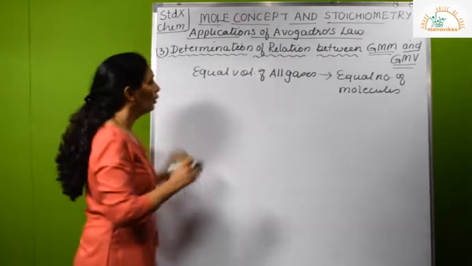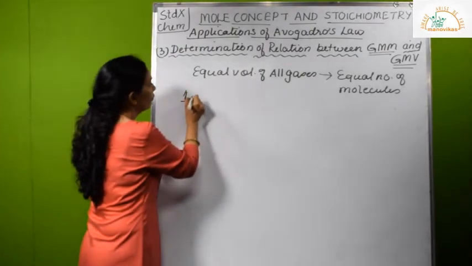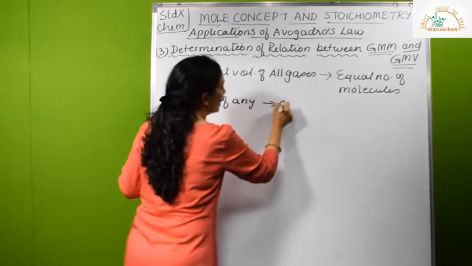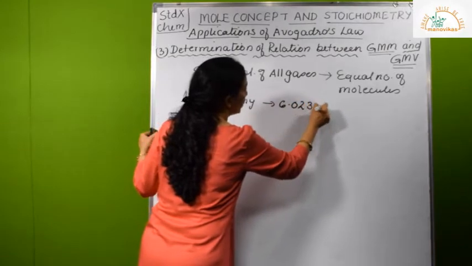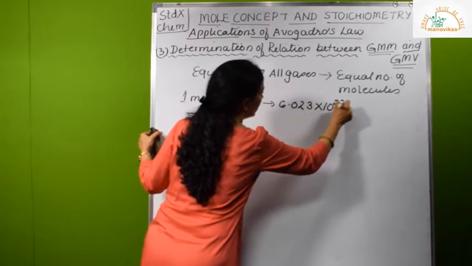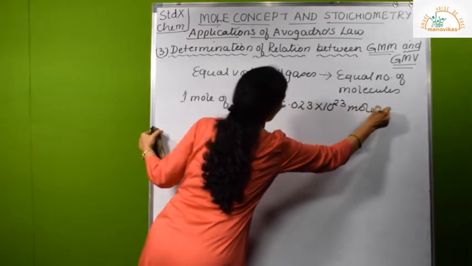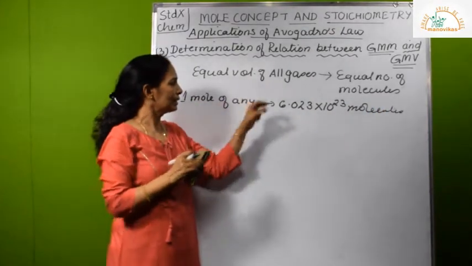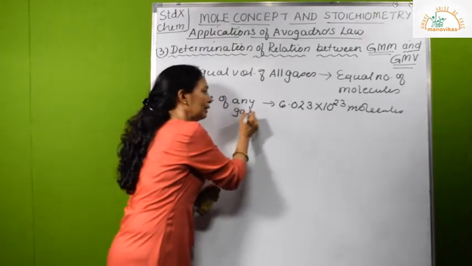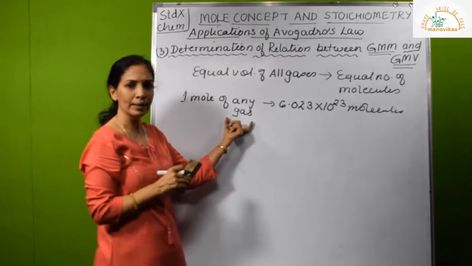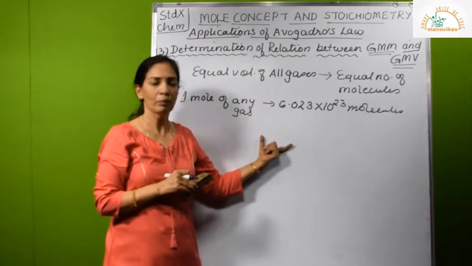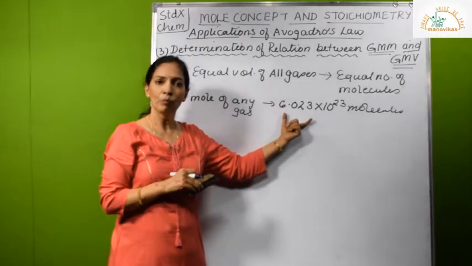Okay, now we know that 1 mole of any gas has 6.023 into 10 to the power 23 molecules. That means Avogadro number of molecules. So for all the gases, 1 mole of any gas at similar conditions of temperature and pressure contains the same number of molecules.